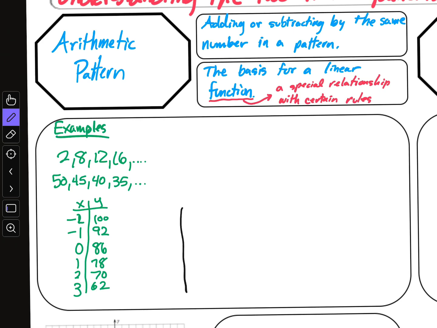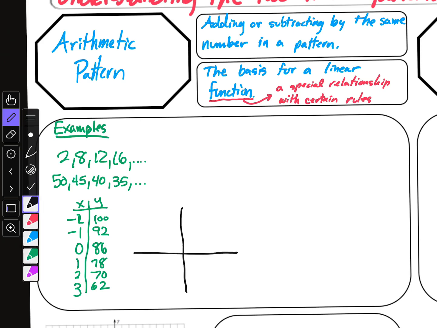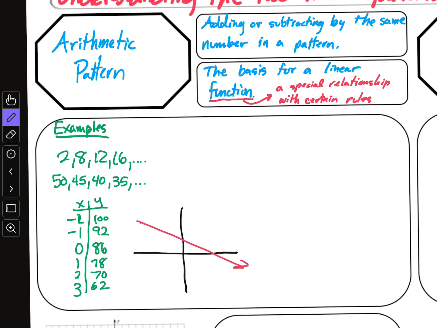It may look like a graph. Okay, where you have a line, a straight line like this. That would be an arithmetic pattern here. Okay, something like that. Maybe it is a story problem. Okay, so like this. Ivan works at a restaurant.